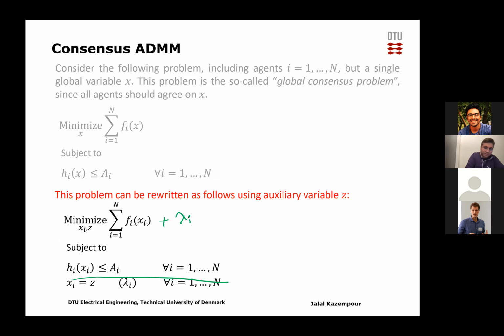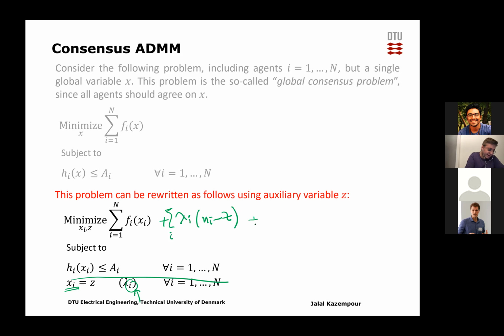It's lambda i. Do you agree that we need index i here? Right? Because it's one per i. Yes? So lambda i for all i, times xi minus z. Right?